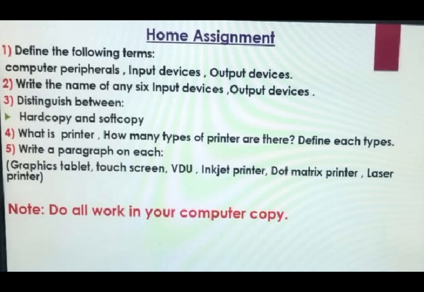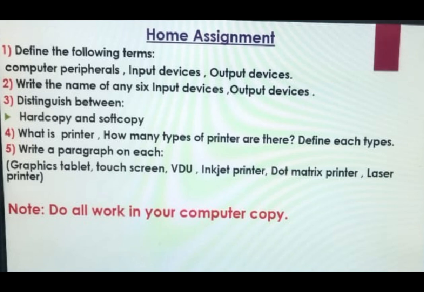For example, input: keyboard, mouse, light pen, trackball, joystick; output: printer or monitor, or you can mention types of printer. Of the total six, two are output devices and the remaining four are input devices.